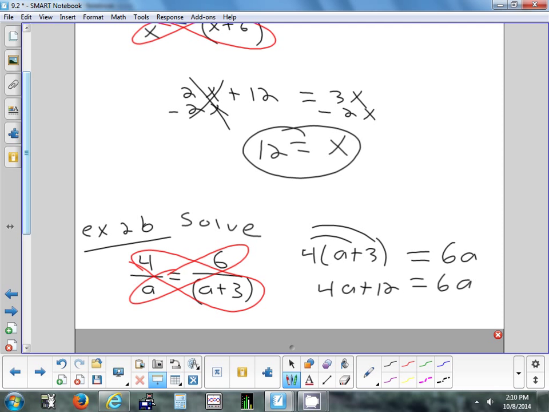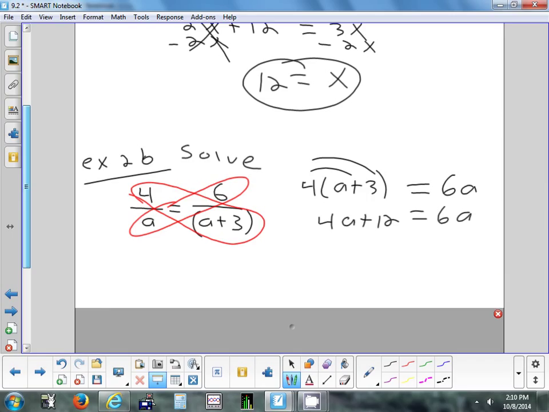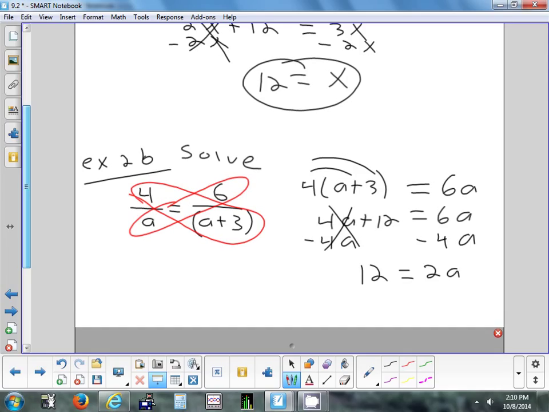This one's going to have 2 steps. What's my next step here? Subtract 4a, remove that. What will that leave me with on the left-hand side? 12, and 2a on the other side. Last step.